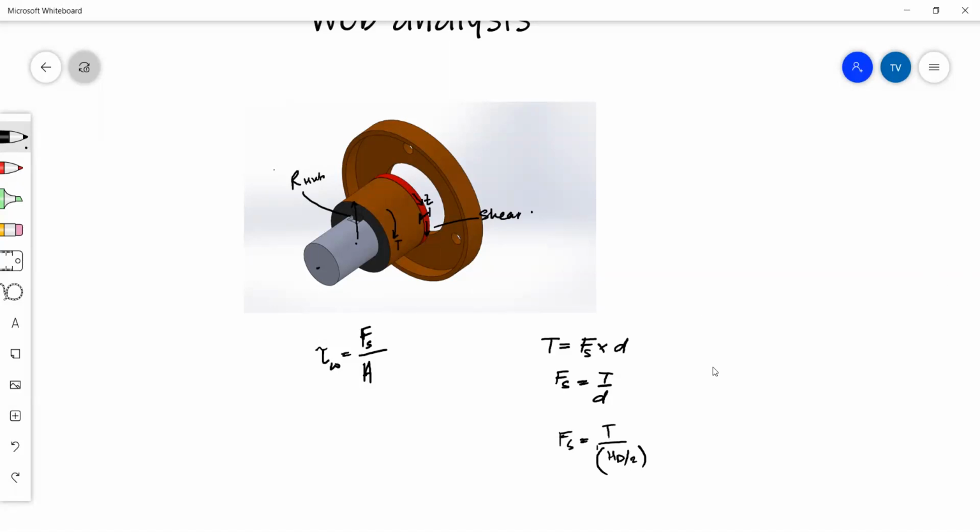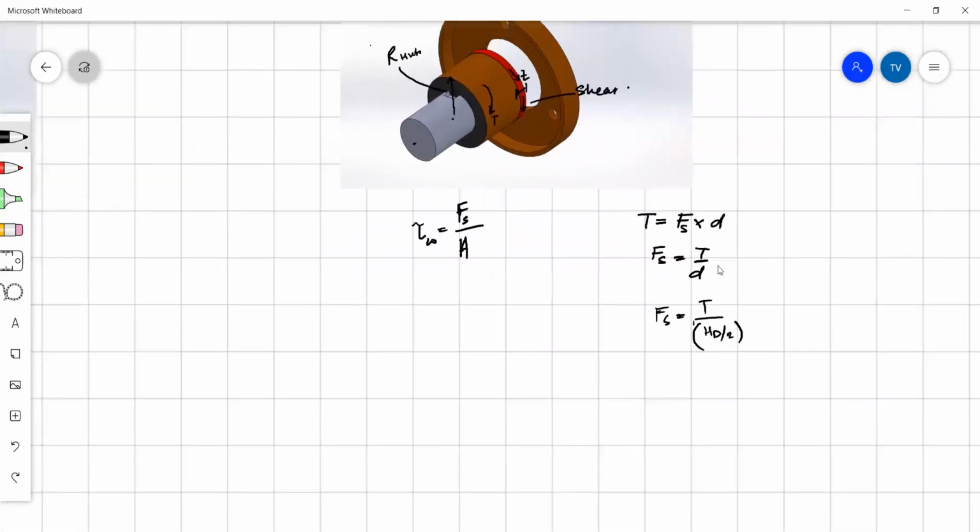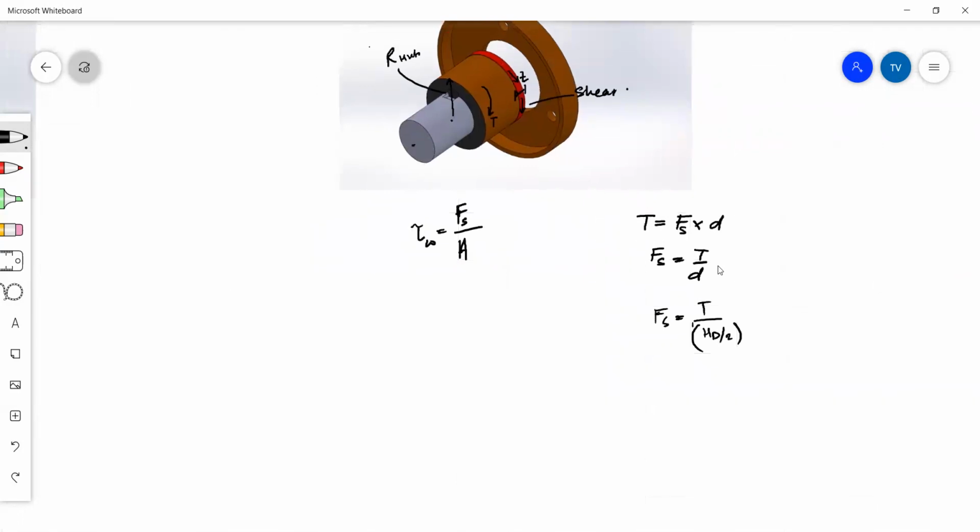Right. Taking that bit of information, you can plug it into the formula. So shear stress of the web will be equal to whatever shear force you have from here, divided by the area. Now the area is the area of the red region, the area of your web. This area is your circumference of the hub. So this is a circle originally, and we are going to imagine cutting the ends and stretching it out, and it becomes just a long piece.